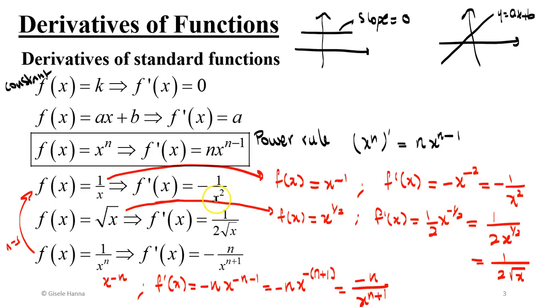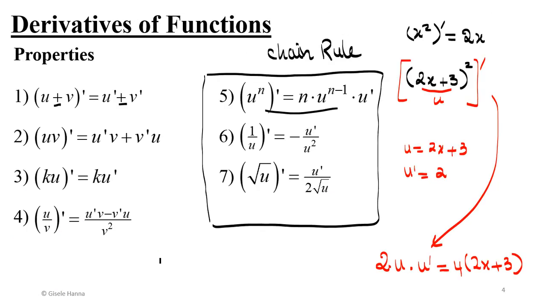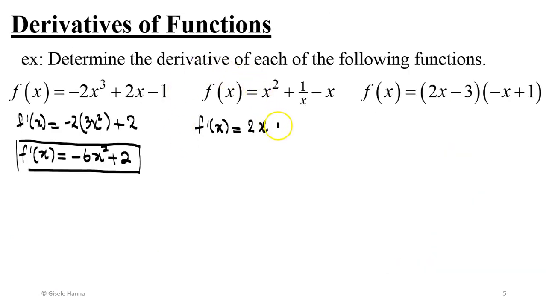However, if you fail to remember that, you could apply the power rule and write it as x to the negative 1 and apply the power rule for n equals negative 1, or keep it in the form 1 over x to the n and apply this rule for n equals 1. They would both give you exactly the same answer.